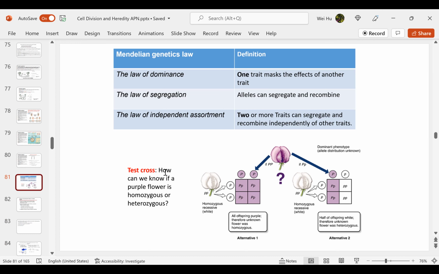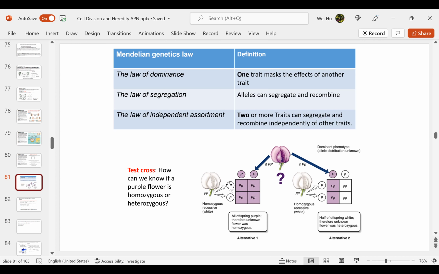So now we use this method, called a test cross, to find out whether they are homozygous dominant or heterozygous dominant. Let's say your father plant is purple, and you don't know if it is homozygous purple or heterozygous purple.